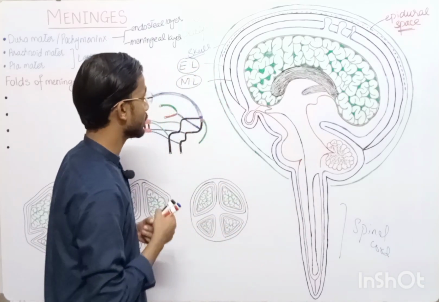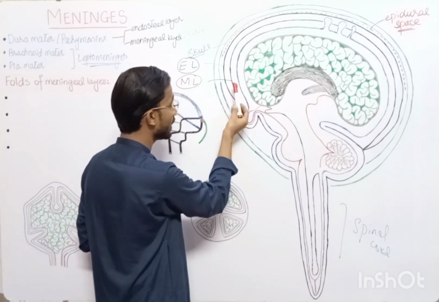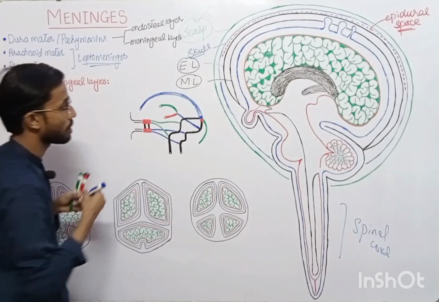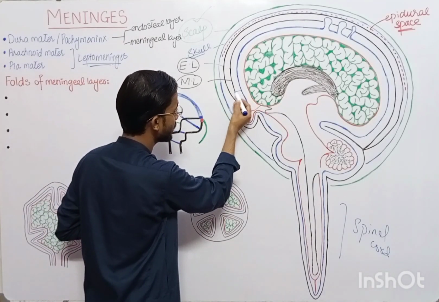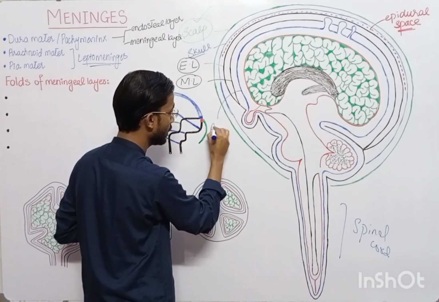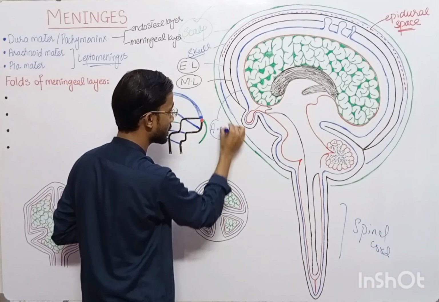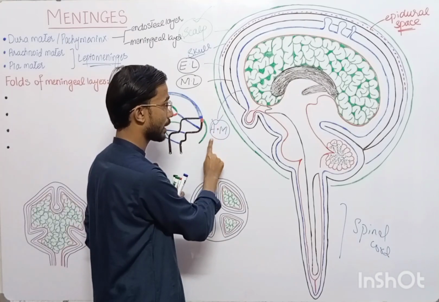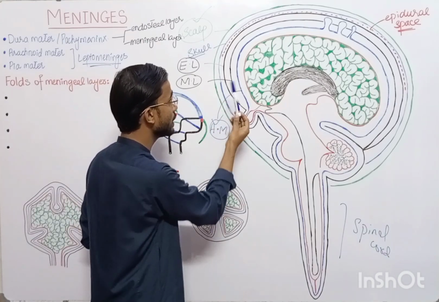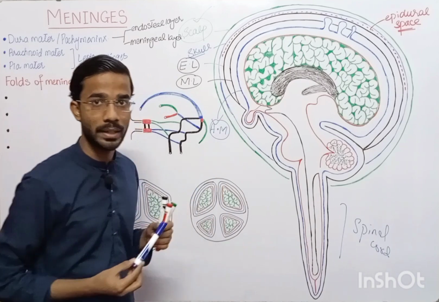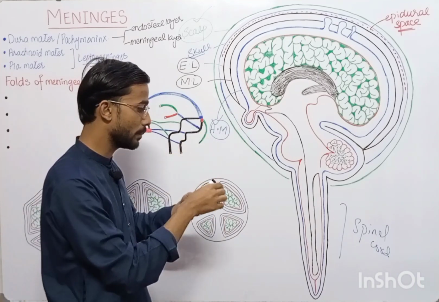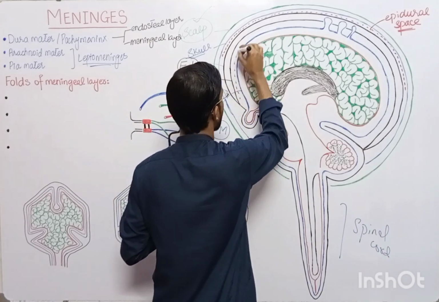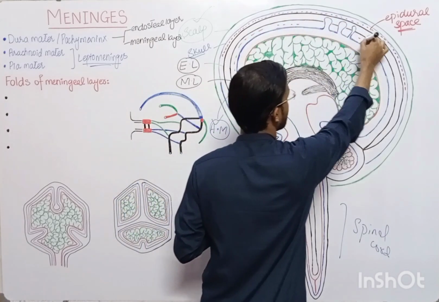And here you can see, next layer is the arachnoid matter, the second layer of the meninges. The space between the dura and the arachnoid matter is called subdural space. Here you can see this one.